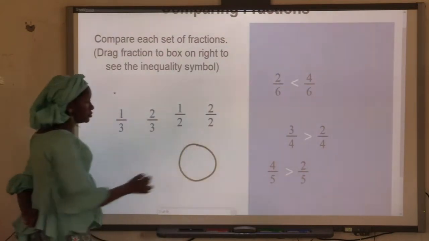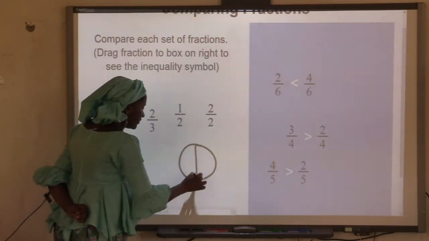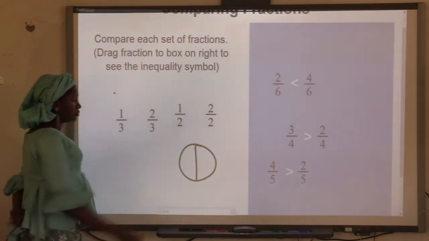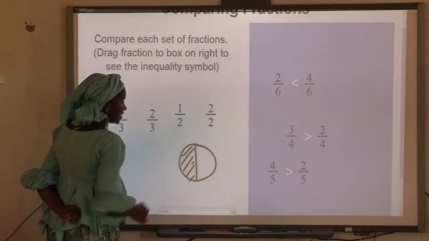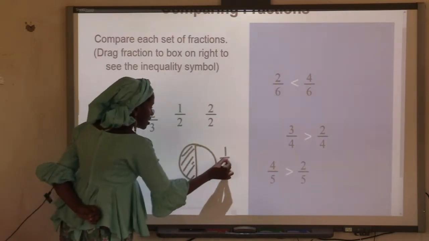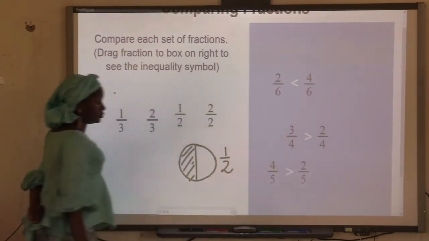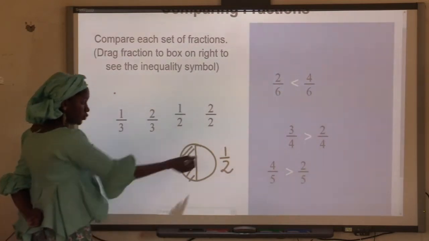This is a whole. If I divide it into 2, the shaded portion is 1 over 2.